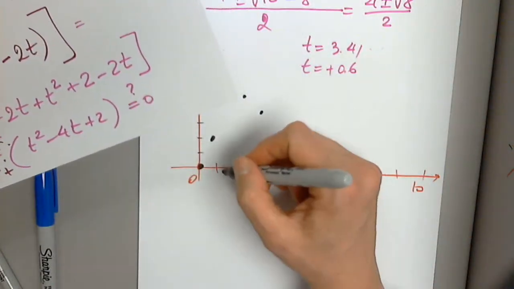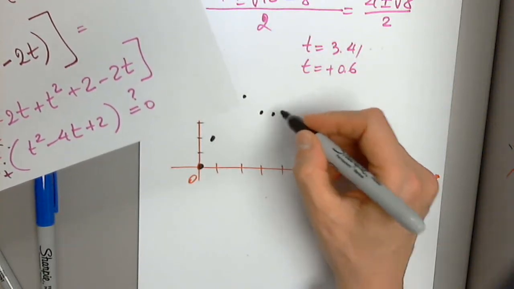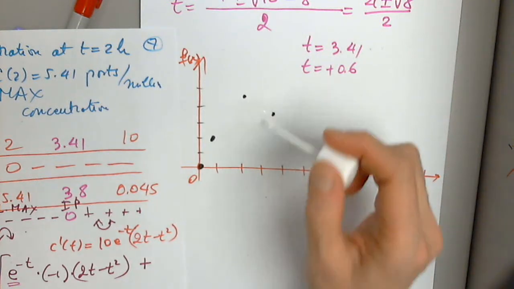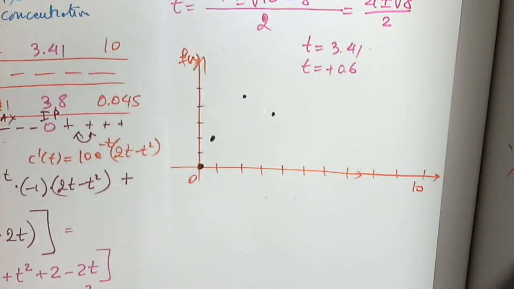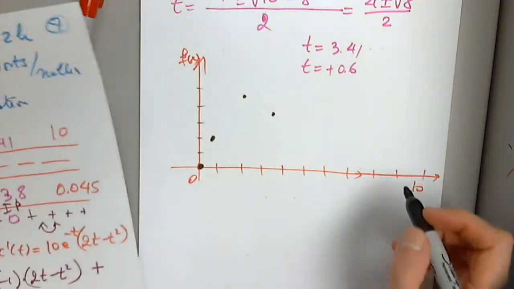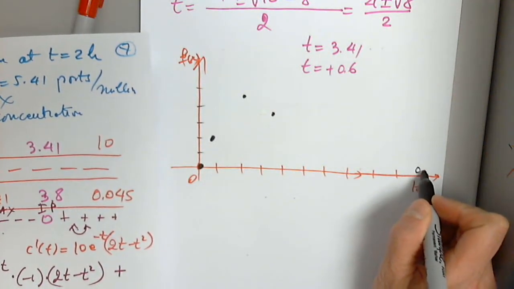Maybe I went a little too far. 1, 2, 3. No, I didn't go far enough. Okay. And at 10, what was it? 10 was 0.04 or something, right? So very close here.